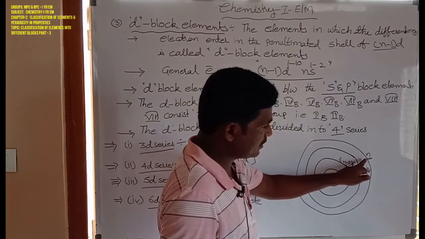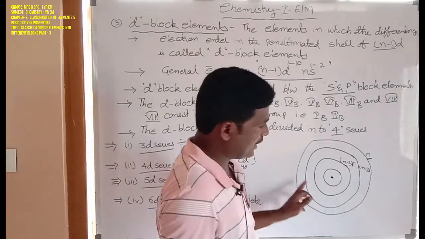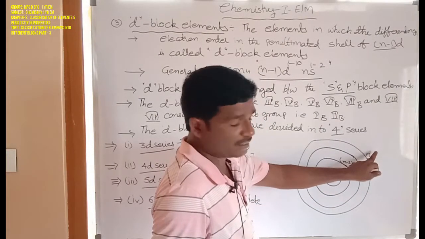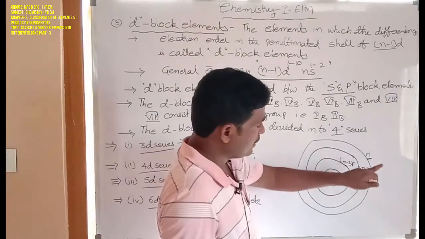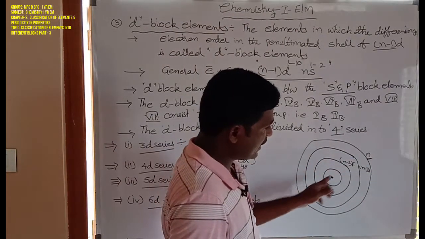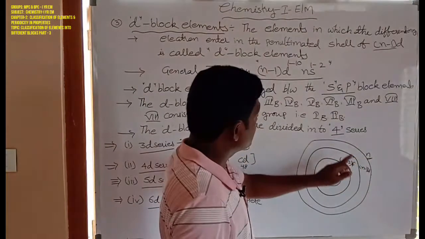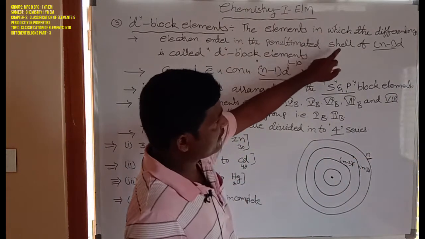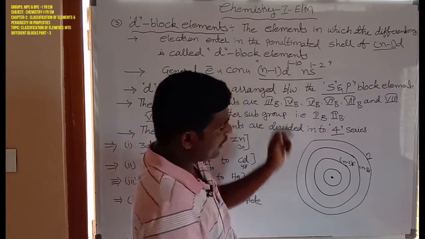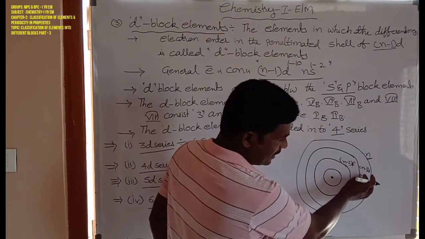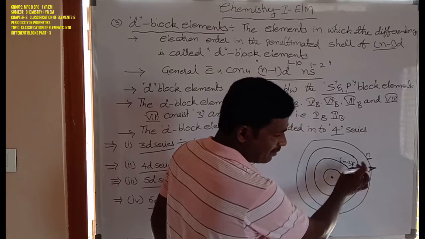The elements in which the differentiating electron enters into the outermost shell, that is the s orbital, are called s block. Here the differentiating electron enters into the ultimate shell, but in d block the differentiating electron enters into the penultimate shell, in front of the ultimate shell. It is also known as (n-1)d.